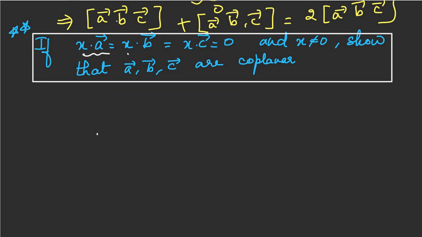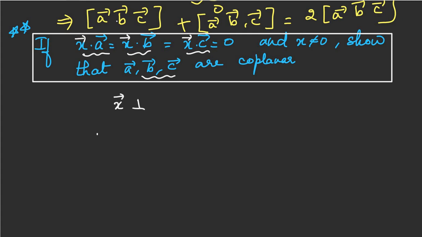Here x dot A, x dot B, x dot C is equal to 0. Show that A, B, C are coplanar. From the question, the dot products of the given vectors are 0. So x vector is perpendicular to A vector, B vector and C vector.